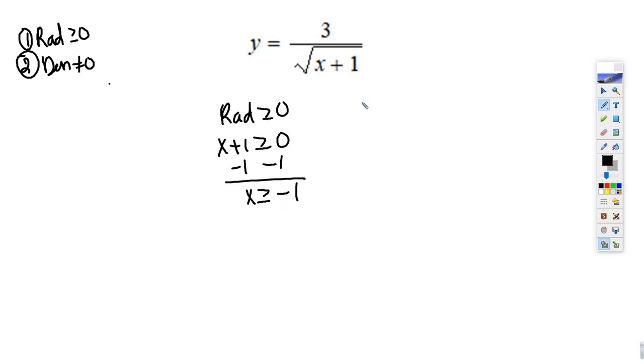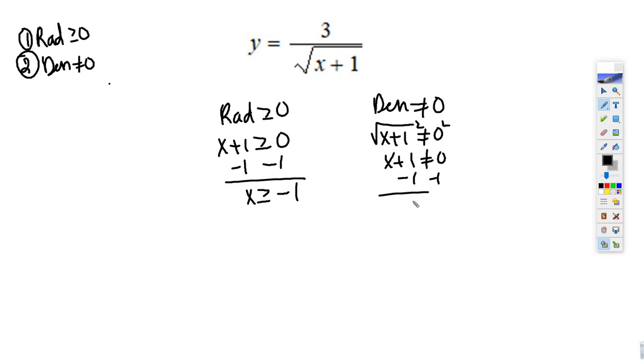Then the next thing I'm going to check is if the problem has a denominator, that denominator cannot be equal to 0. This one absolutely has a denominator, so we have the square root of x plus 1 cannot equal 0. So I'm going to square both sides, and I get x plus 1 cannot be 0, and x cannot be equal to negative 1. Now we know we can take the square root of 0.